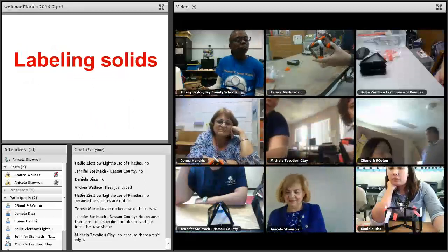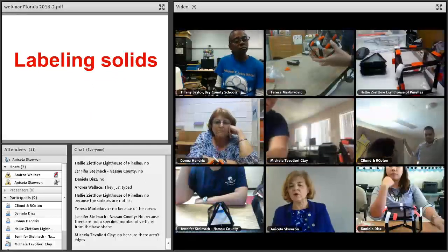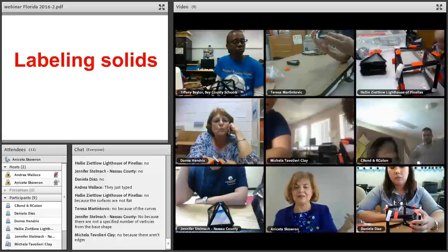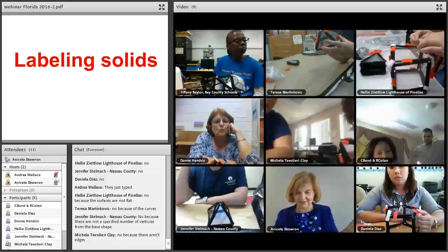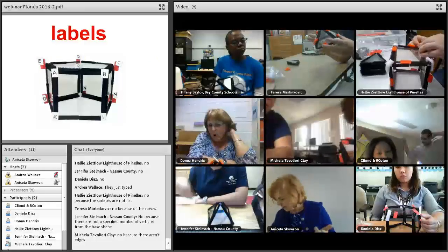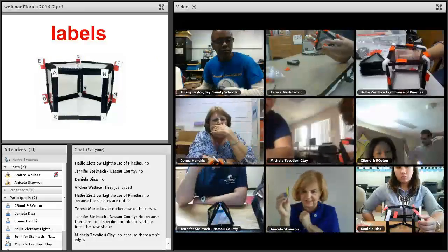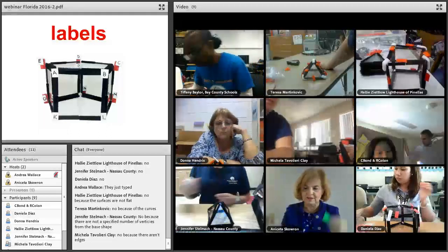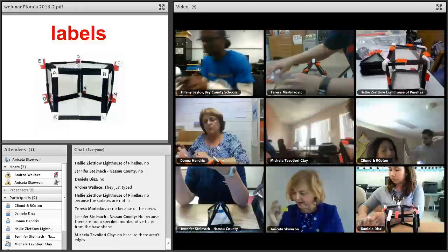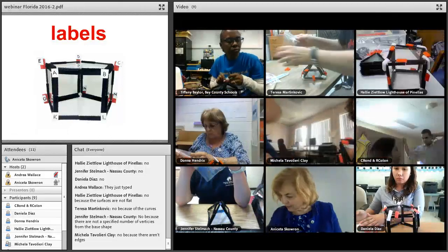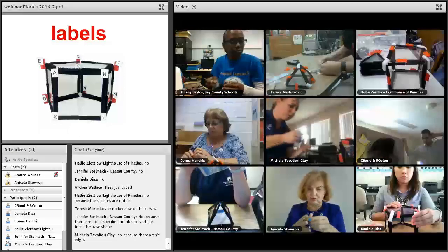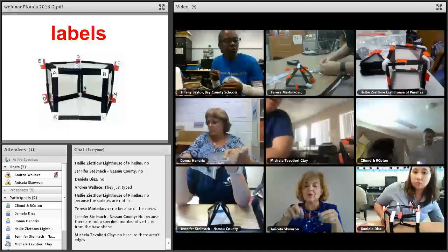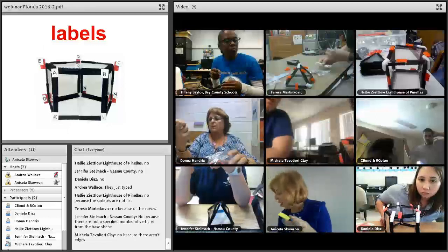Labeling solids. When you have problems like a square with labeled vertices A, B, C, D, how could we do this? We could do it easily. You have those Velcro pieces in your pouches. You just undo them, whatever color is there, cut them into smaller pieces, and use a marker to write A, B, C, D on them.